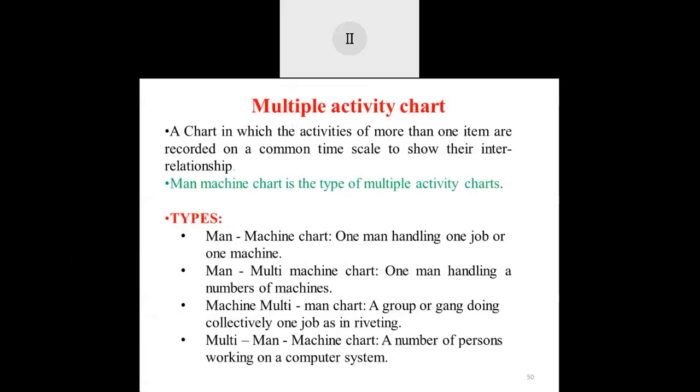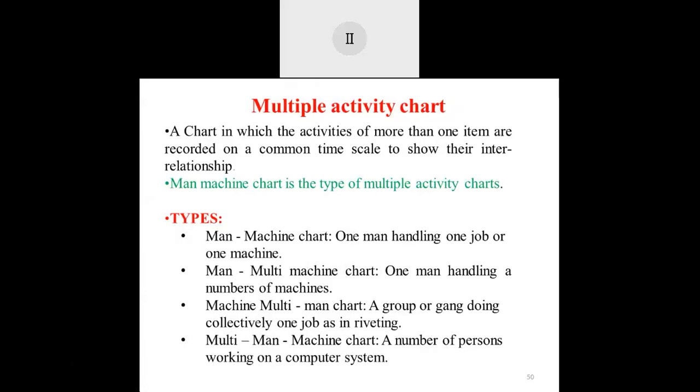So our next chart is the multiple activity chart. So what will we do in a multiple activity chart? In this particular type of chart, the activities of more than one item are recorded on a common time scale to show their interrelationship. So here in the multiple activity chart, both man and machine can be involved.